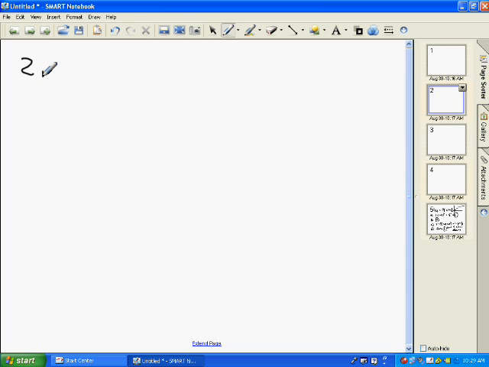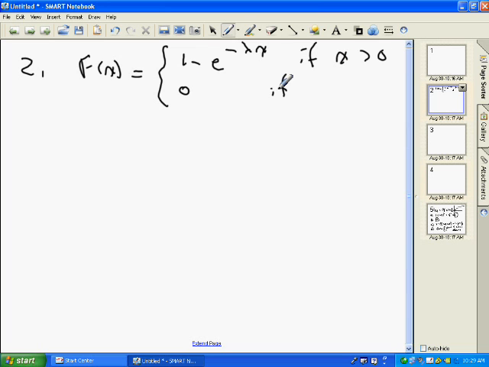The exponential distribution looks like this: 1 minus e to the minus lambda x if x is greater than 0, and 0 if x is less than or equal to 0. Lambda is the mean rate, and the mean time, the expected value of X, is equal to 1 over lambda.